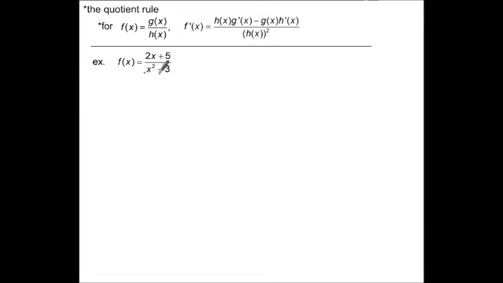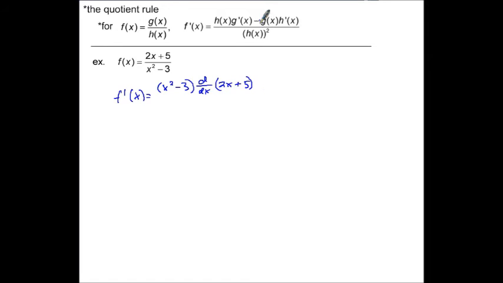Alright, so let's put that into action here. So my f of x equals this, and again, this is something that I can't really simplify. I mean, if I could, I would try to do it, but unfortunately, alas poor Yorick, I don't have that option. So I move right into my derivative. Again, I want my denominator first, so the first thing I'm going to have is my x squared minus 3, and now I want to take the derivative with respect to x of the top, which is the 2x plus 5.